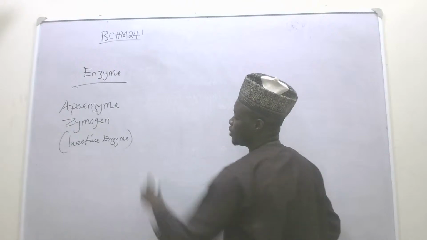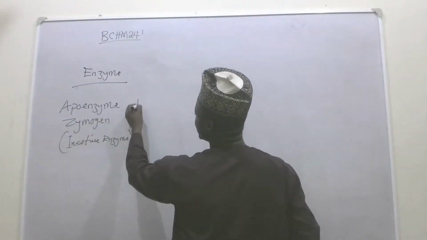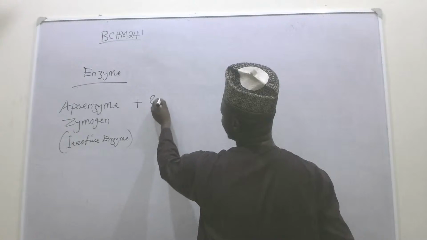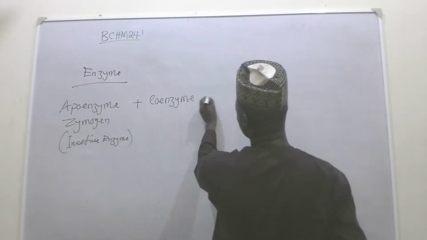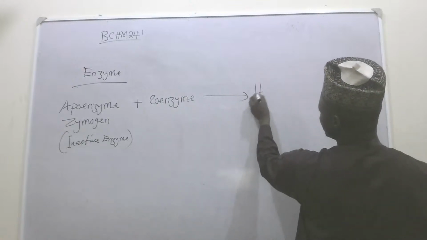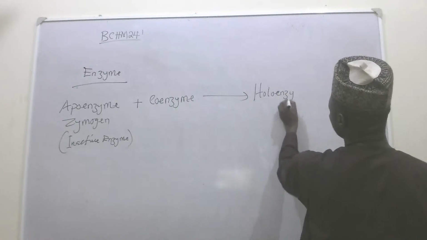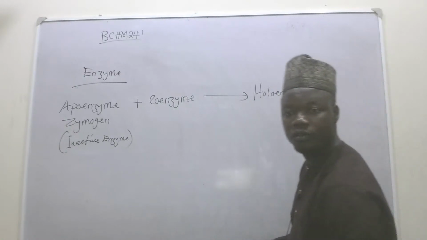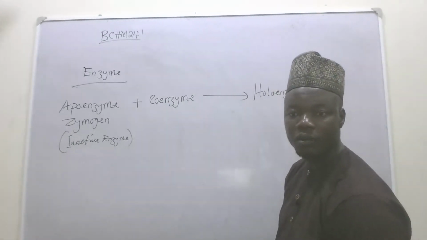So we have alpha enzyme or zymogen, which is an inactive enzyme. And for these enzymes to be active, they need coenzymes. Some of these enzymes need coenzymes for them to become active enzymes. And the active enzyme is called holoenzyme.